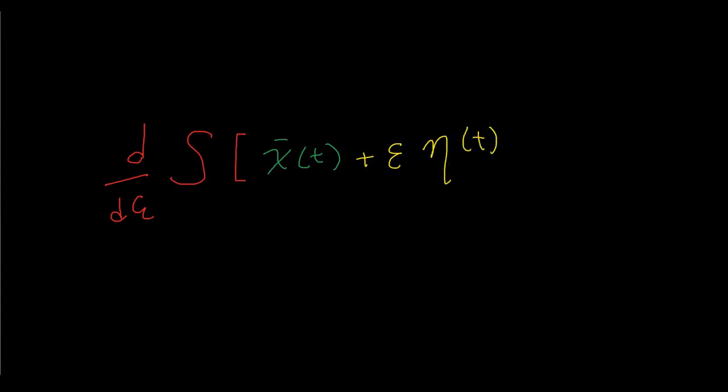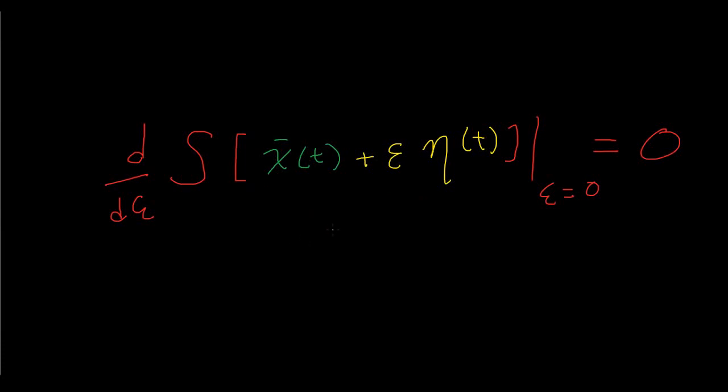From regular old calculus, we know that the derivative of this expression, that is, if we differentiate the action of this path, S of x bar plus epsilon times eta, with respect to epsilon, fixing eta, and we evaluate at epsilon equals 0, this is 0. And that's because x bar minimizes S.